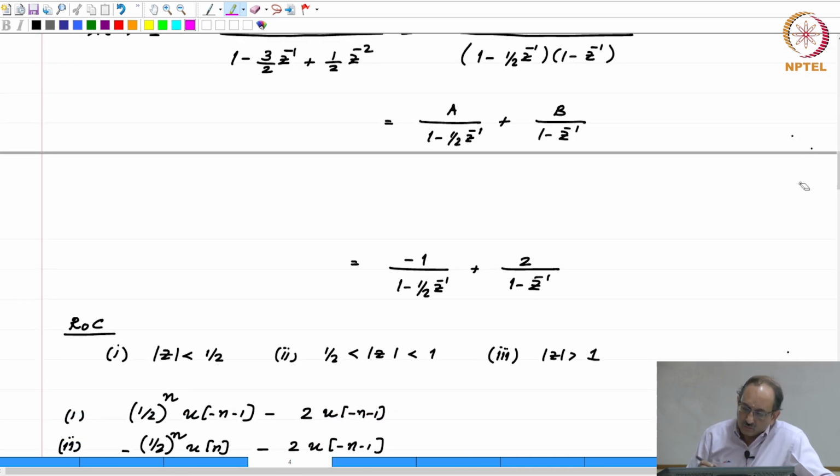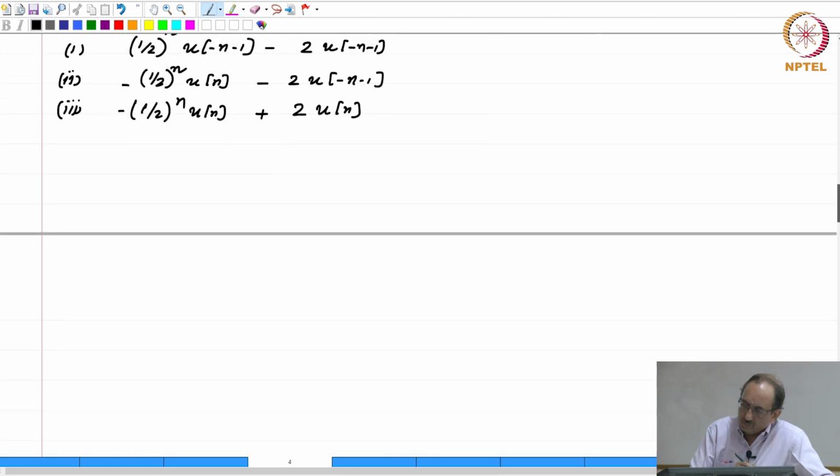Therefore, what will be the final value theorem as applied to this given transform, assuming right sided sequence? It will be 2. So, basically what you are doing when you multiply by 1 minus z inverse and compute the limit as z tends to 1, all you are doing is you are evaluating the residue at that particular pole, that is all.